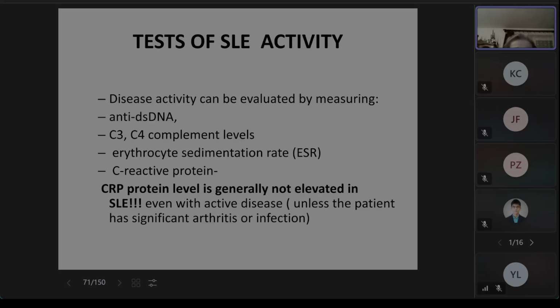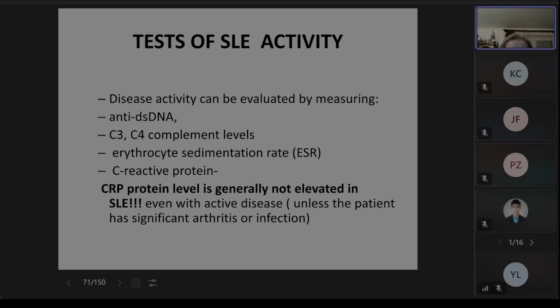Another test which can confirm the diagnosis of SLE is CRP level, which is generally not elevated in SLE, but the sedimentation rate is elevated, and it is typical.